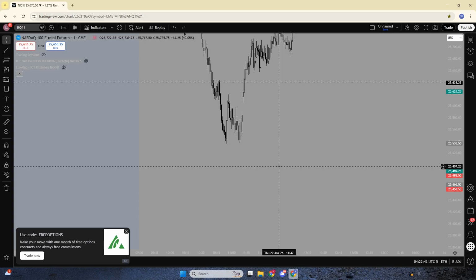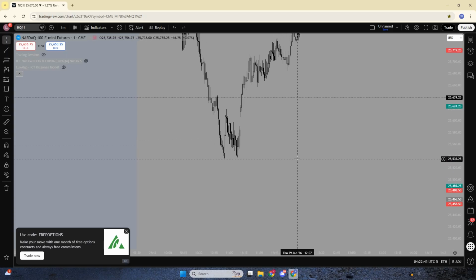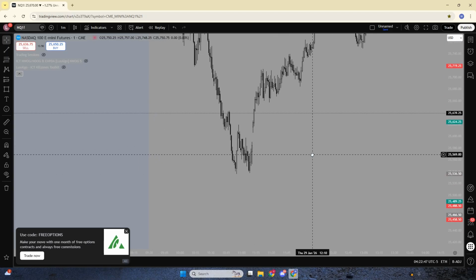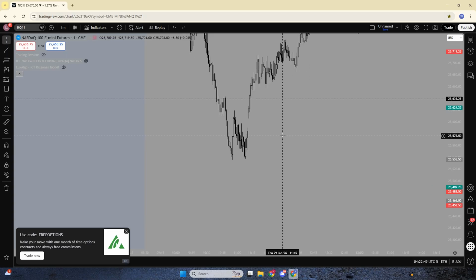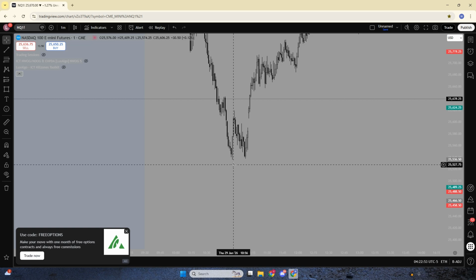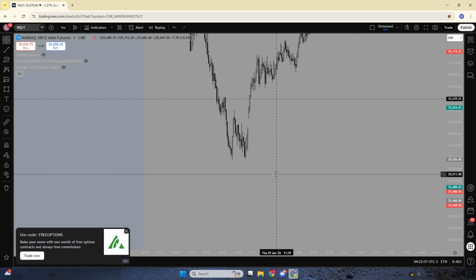Okay, there's also something called an SMT that we're gonna get into. So an SMT, I'm gonna quickly explain it, right? SMT is basically when a correlated pair that's supposed to move together moves differently. So we're trading NQ, so the correlated pair is ES, which is S&P 500.